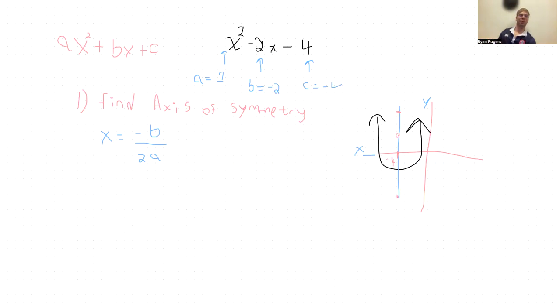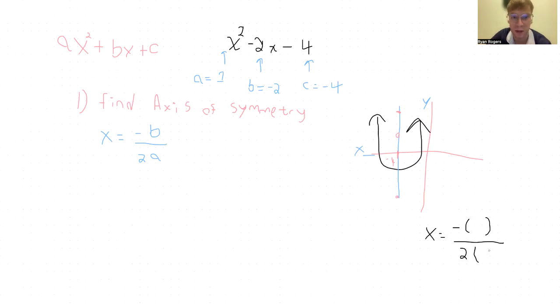So when I look at my formula, X equals negative B. Every time I see a letter, I'm going to put a bracket or parentheses, because I don't want to mess anything up. Negative B divided by 2 and then another bracket. Where I see my brackets, that's where I fill in my letters.